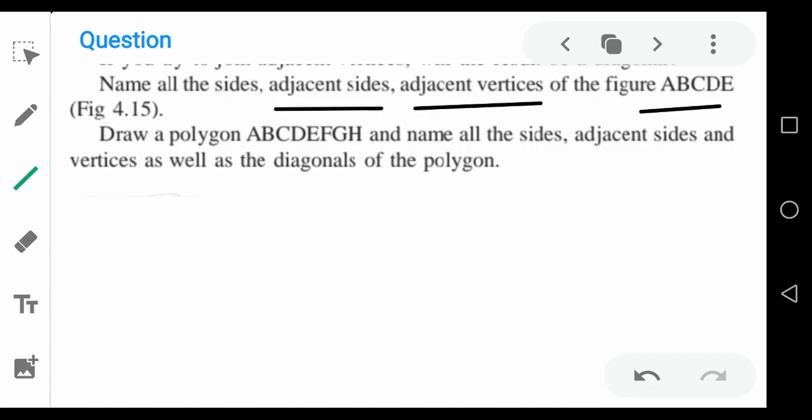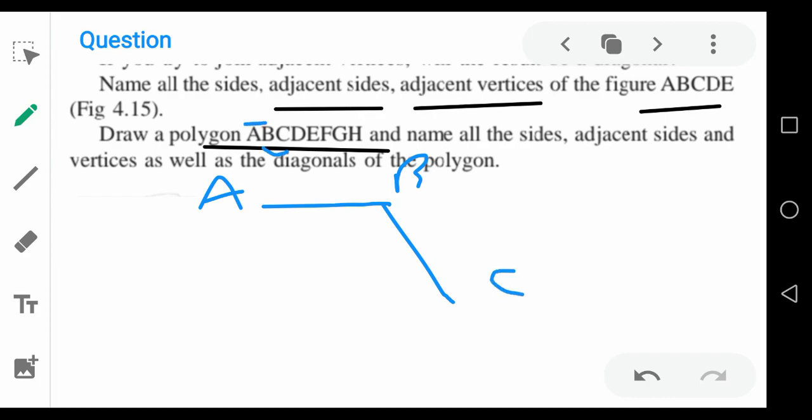Okay. Now another one is, next question is, draw a polygon A, B, C, D, E, F, G, H. So you have to see how many sides will be there. For example, if I am drawing it like this, A, B, C. So A, B. What is the next side? BC. Then what is the next one?